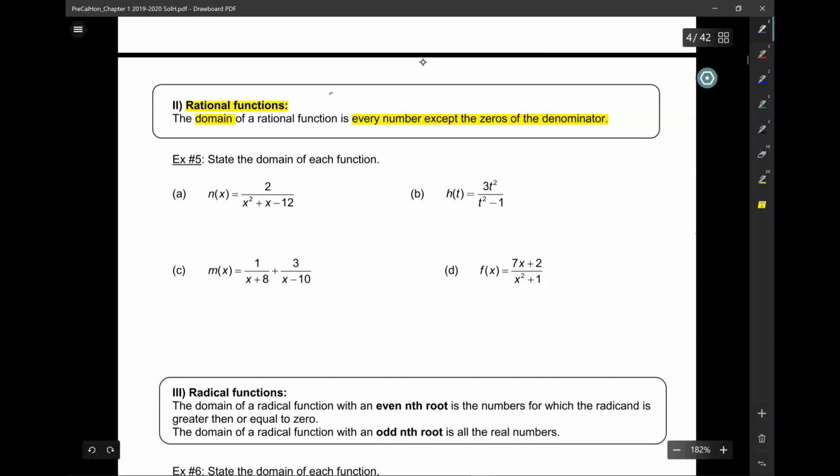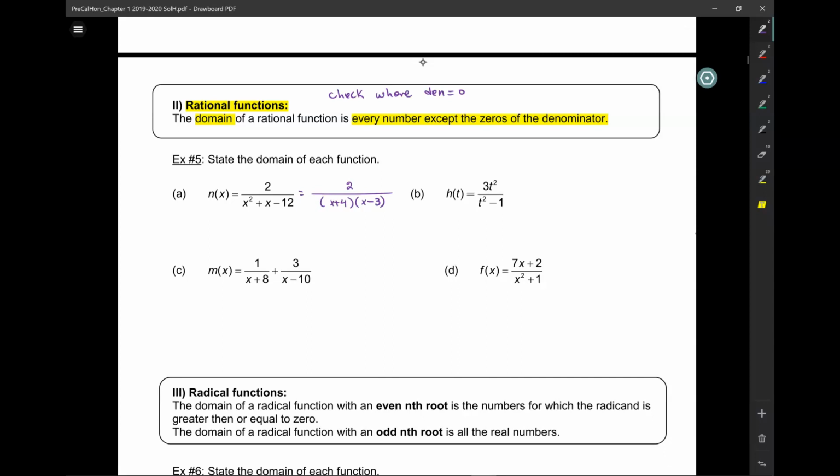So check where the denominator is equal to 0. Most of the time you have to factor. All right, so let's factor this first guy: 2 over (x plus 4)(x minus 3).